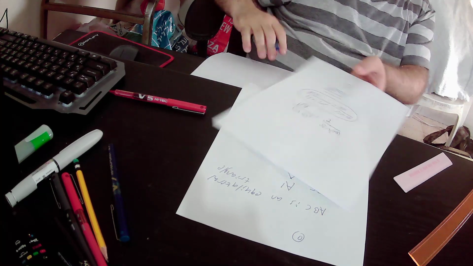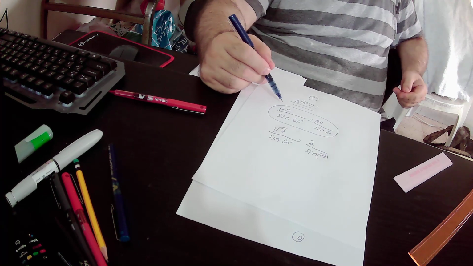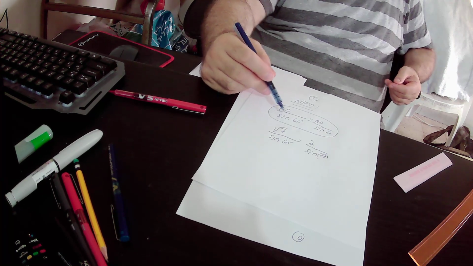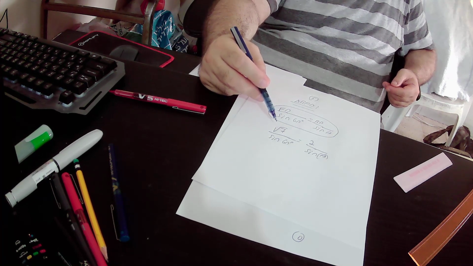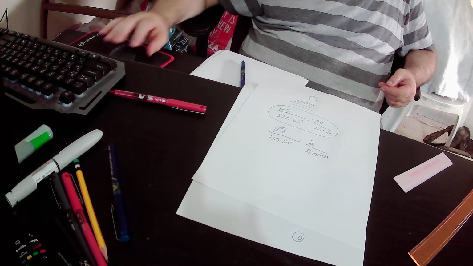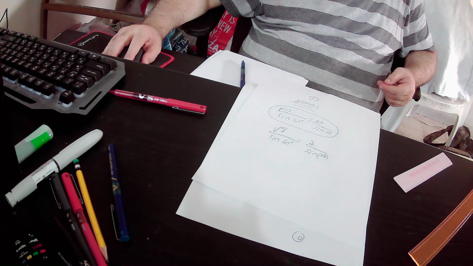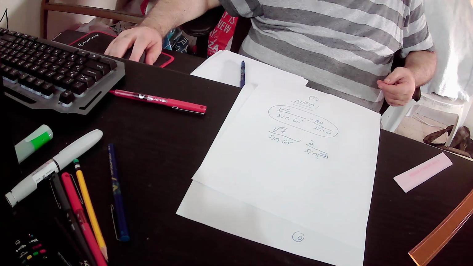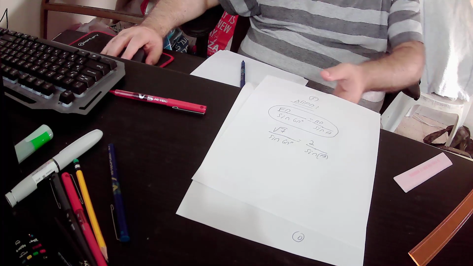So we substituted FD by root 7 and BD by 2, and we got that root 7 over sine 60 equals 2 over sine theta. Now sine 60 degrees equals root of 3 over 2.